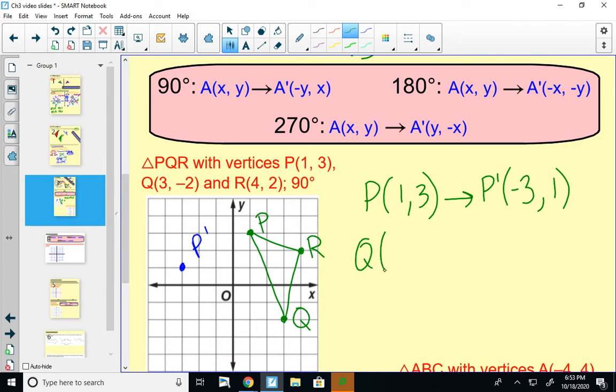Q starts at (3, -2). So Q prime would be at, well, -2 would be +2, so (2, 3). So that's going to be Q prime.